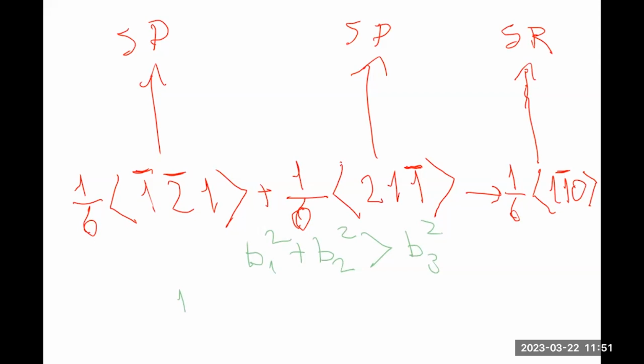Okay, don't tell me the result. Let's do it simpler. 1/36 times 1 square plus minus 1 square plus minus 2 square plus 1 square, correct? Which is 1/6, as your friend suggested. The result is 1/6 plus another 1/6. And what is the energy of this part?